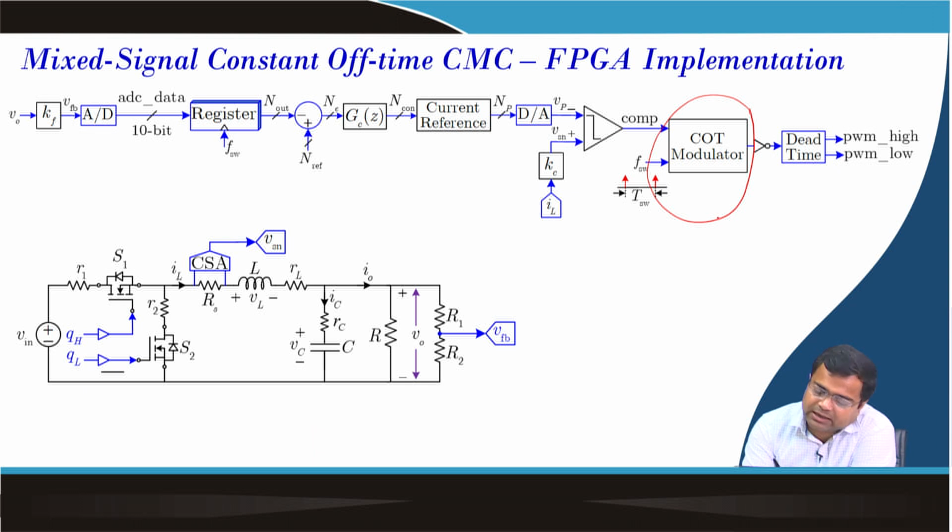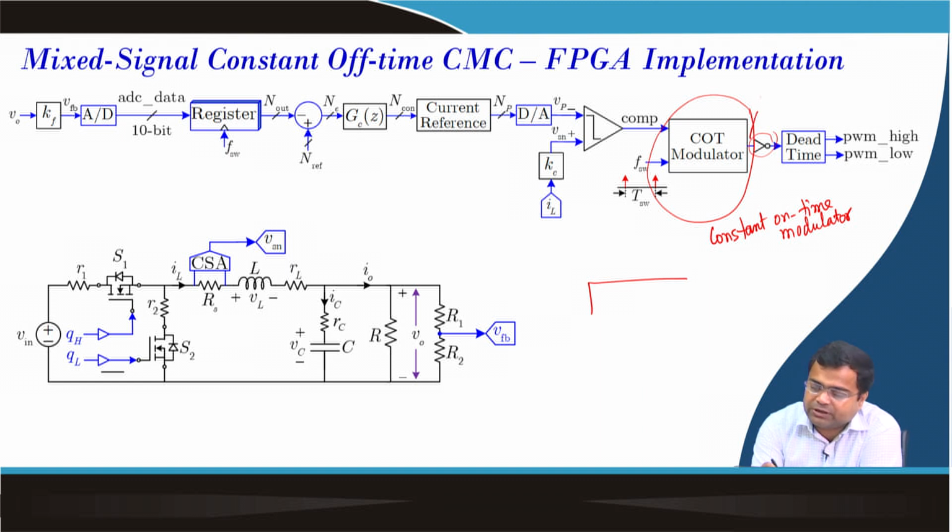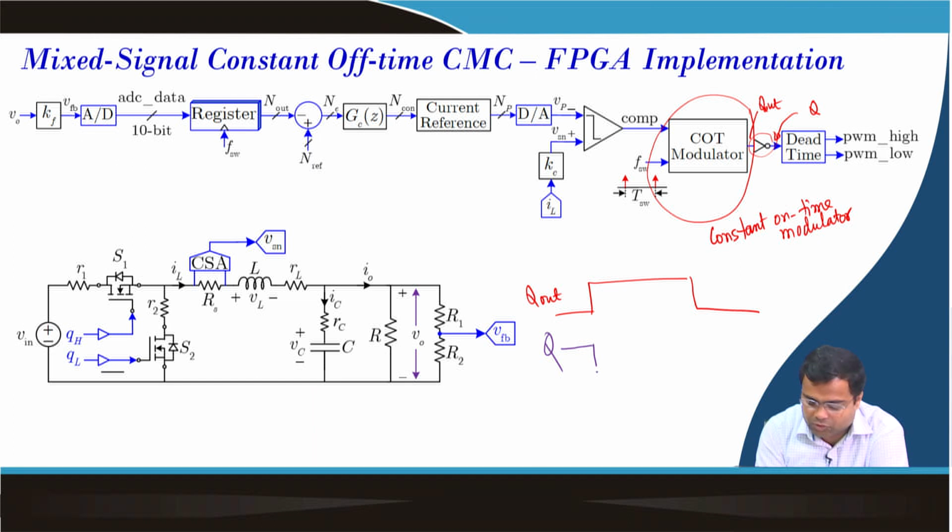Now, here we are using a constant on time modulator only, which has a minimum time, but we are inverting the logic. So, if this output is Q out, that means Q out goes high, and we want this Q. So, this Q should be high, it will be low, and this is our off time.